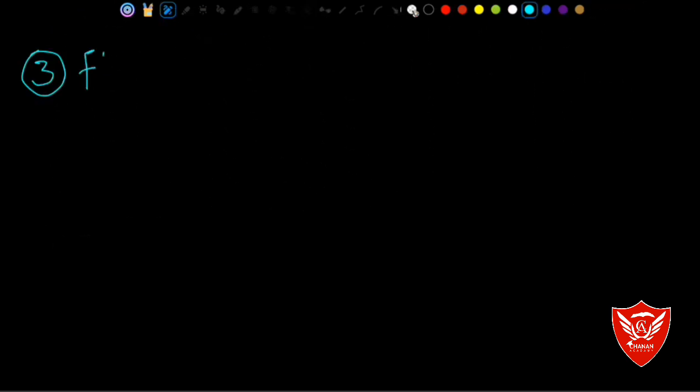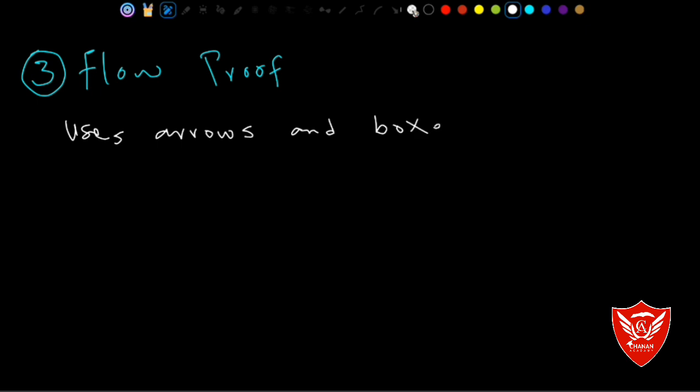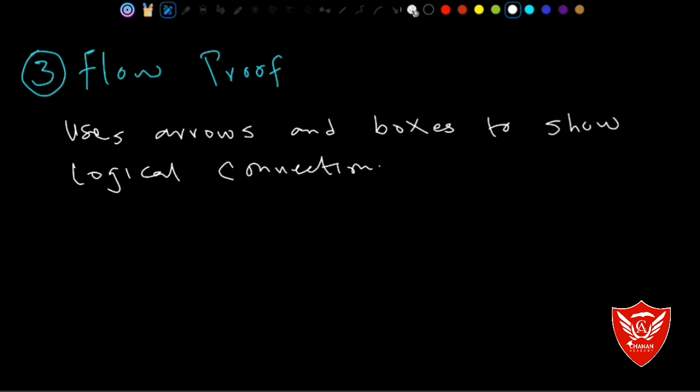The flow proof. Now, the flow proof uses arrows and boxes to show logical connection. So let's try to answer the same question again.